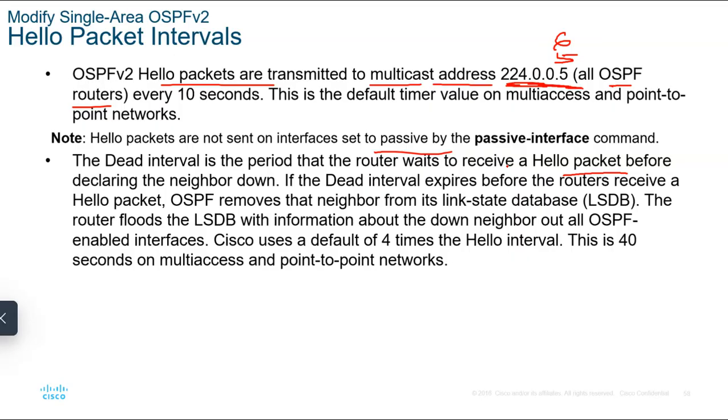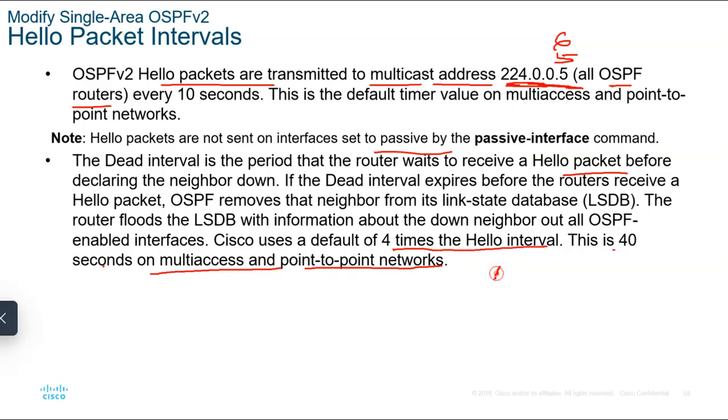The router floods the link state database with information about the down neighbor out of all OSPF-enabled interfaces. Cisco uses a default of four times the hello timer, so this is 40 seconds on multi-access and point-to-point networks.